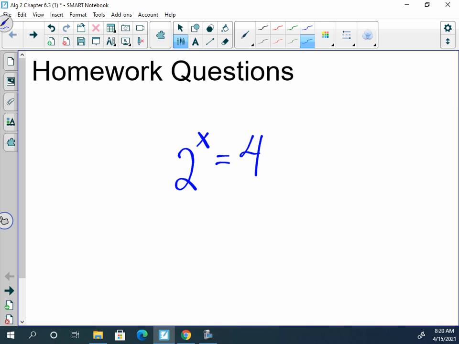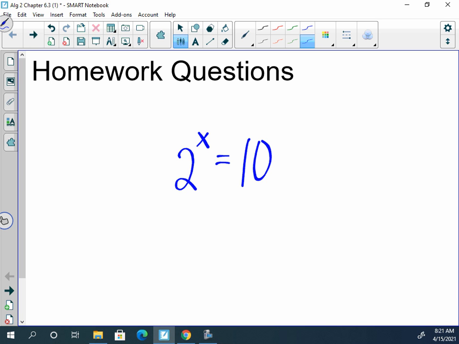2, because 2 squared is 4, yes? And if I said 2 to the x equals 8, x is equal to 3. 2 to the x equals 10, x would be between 3 and 4, because 2 to the 3 is 8, and if we multiply 8 by 2, we get 16. 8 times 2 is 16, yes?